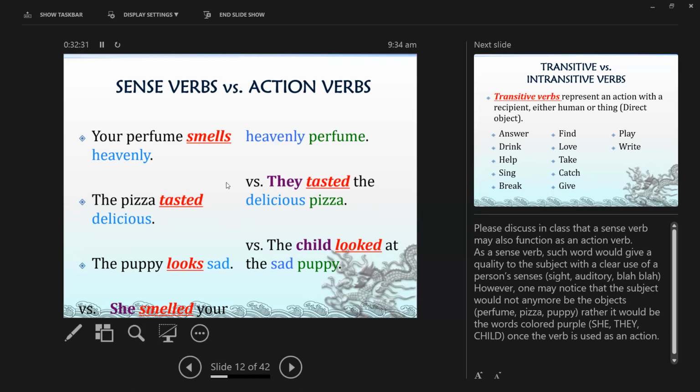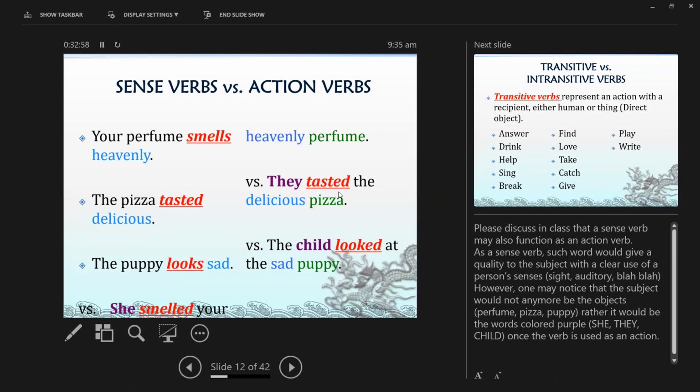All right? Next example. The pizza tasted delicious. The sense verb is tasted. And next example, they tasted the delicious pizza. So this one over here, action verb, tasted.